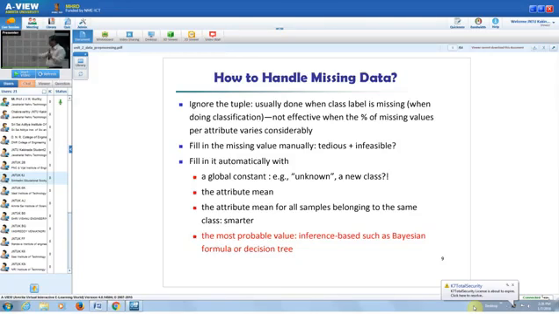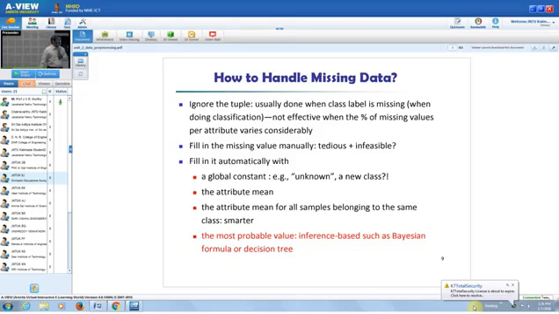The data is from another place, or the persons are not there, or it is the data of last month. So fill in automatically with a global constant, "unknown". But just saying it is unknown doesn't carry any meaning.